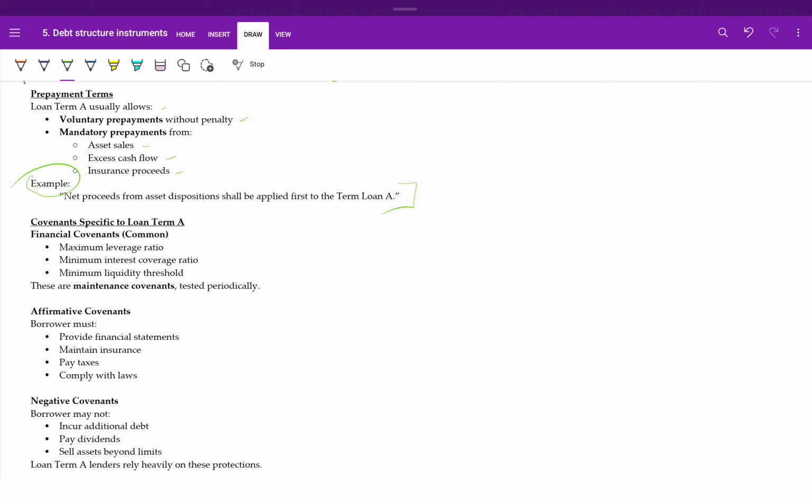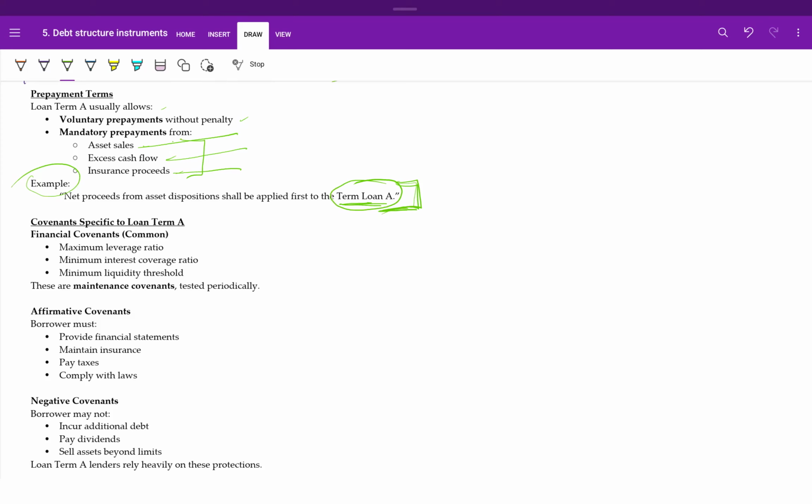And there is a logic behind this. During the evaluation of the creditworthiness of a borrower who is going to apply for loan term A, look at these elements: asset sale, excess cash flow, and insurance proceeds.